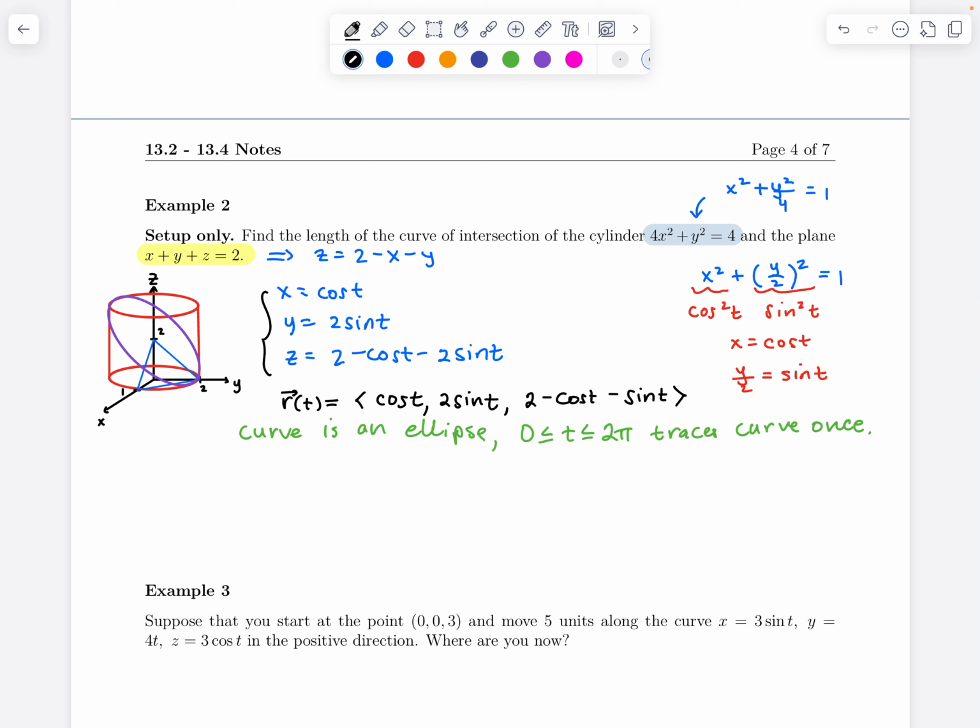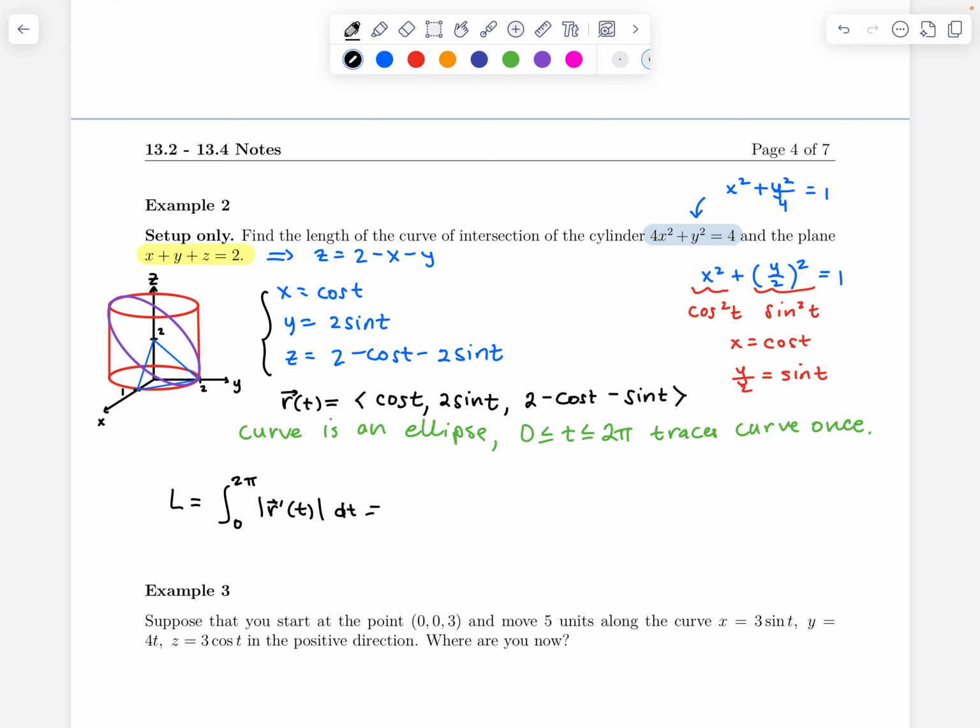And so if I want to set up my arc length formula, it's then going to be L equals the integral from 0 to 2 pi of the magnitude of the derivative of my position that I have set up, so r prime of t. This again is speed.